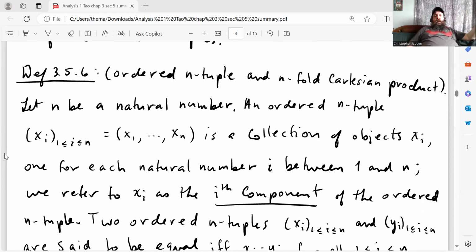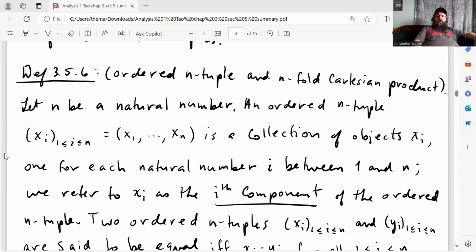In other words, we can take the Cartesian product of any number of sets, as long as here we have a finite number of them. Let n be a natural number. An ordered n-tuple, which he denotes like this, x sub i with i between 1 and n, is like sequence notation, but it's a finite sequence because it doesn't go on forever.